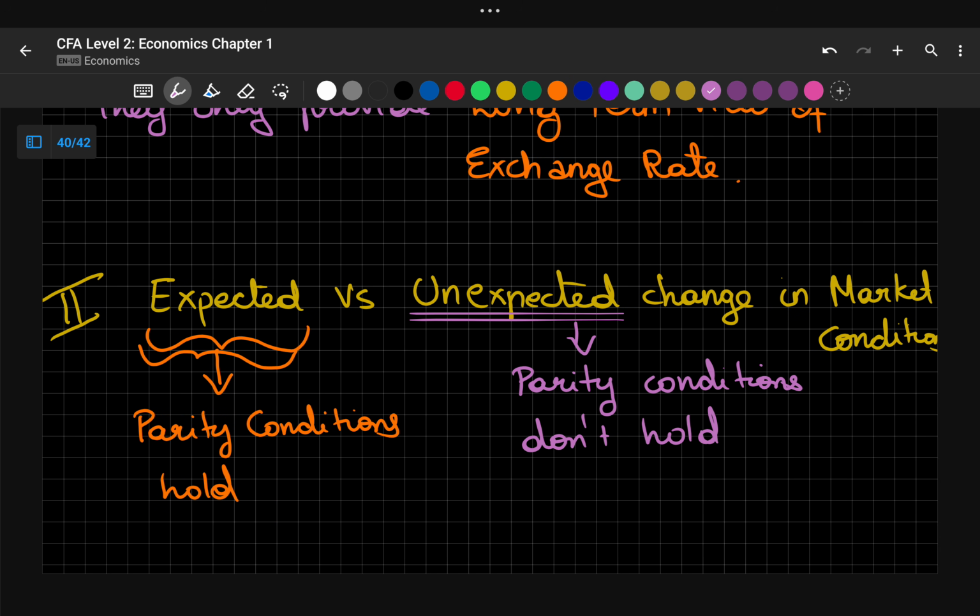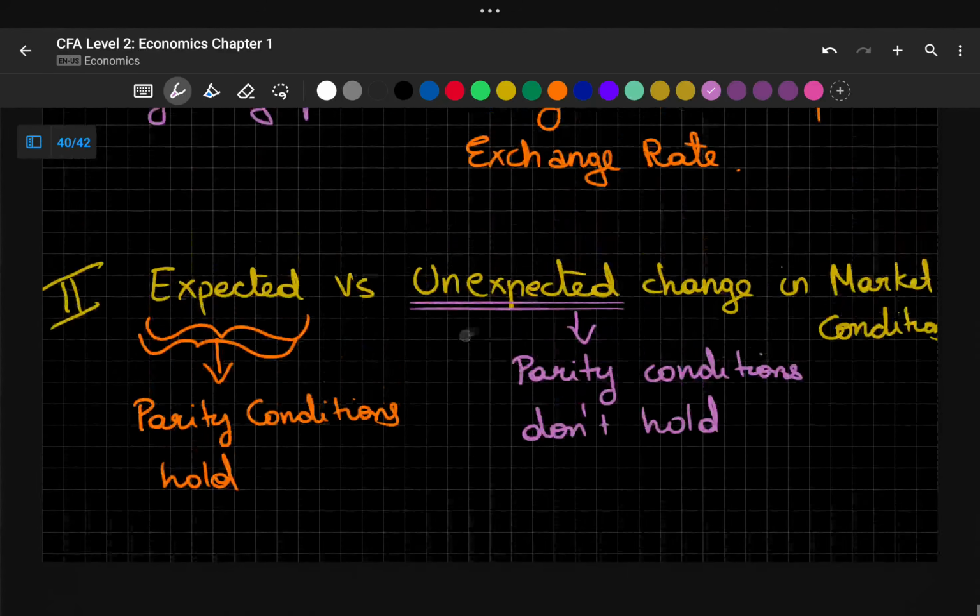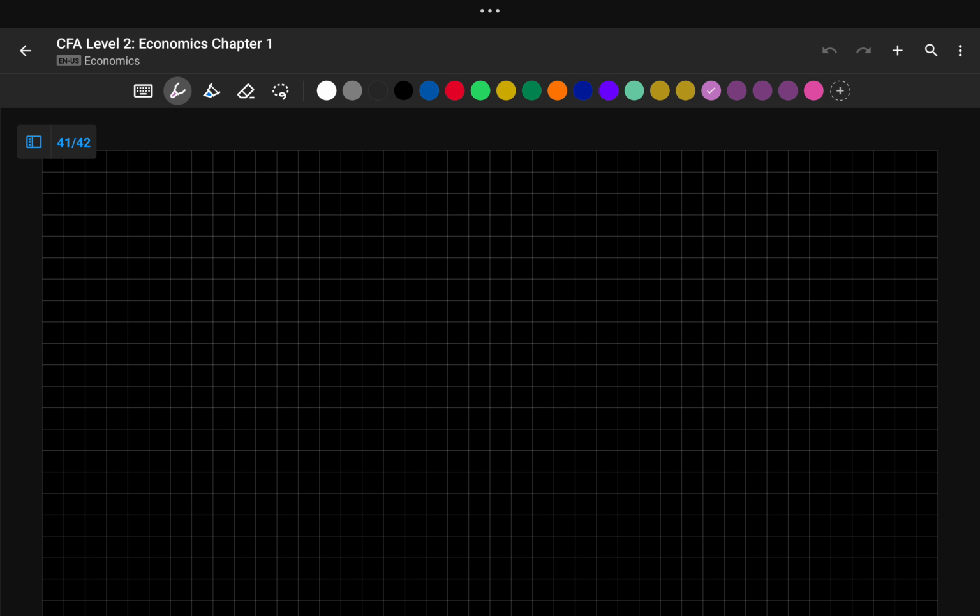So an analyst should always be aware of the market conditions surrounding them and should make rational decisions. These models and equations will help us understand the movement of exchange rate, but it isn't exactly correct.